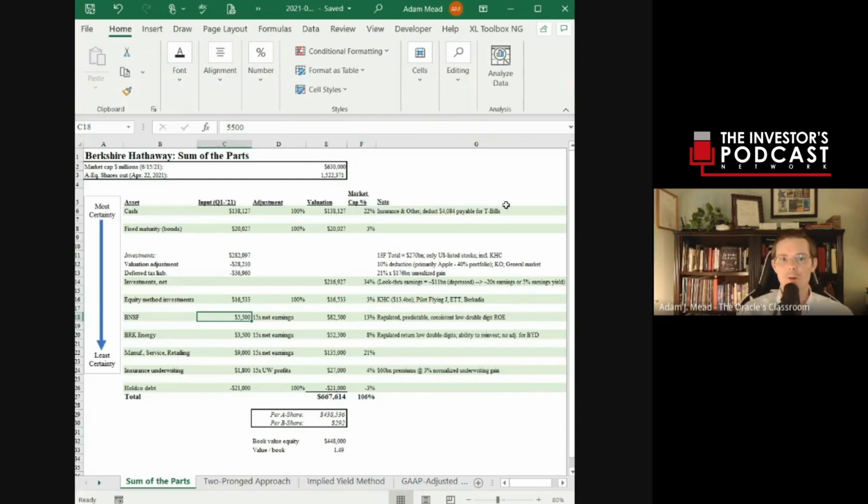So I think where folks can get tripped up sometimes is to say, geez, this is worth 30 times earnings. And it may be on a business that has superior growth and reinvestment potential, but for a straight, almost boring business, right? The Burlington Northern Santa Fe Railroad, it's a good business. But I'm saying that I want a 1 divided by 15, roughly 7% return from the Burlington. That's kind of how I come up with that. That's my thinking process behind using that multiple.